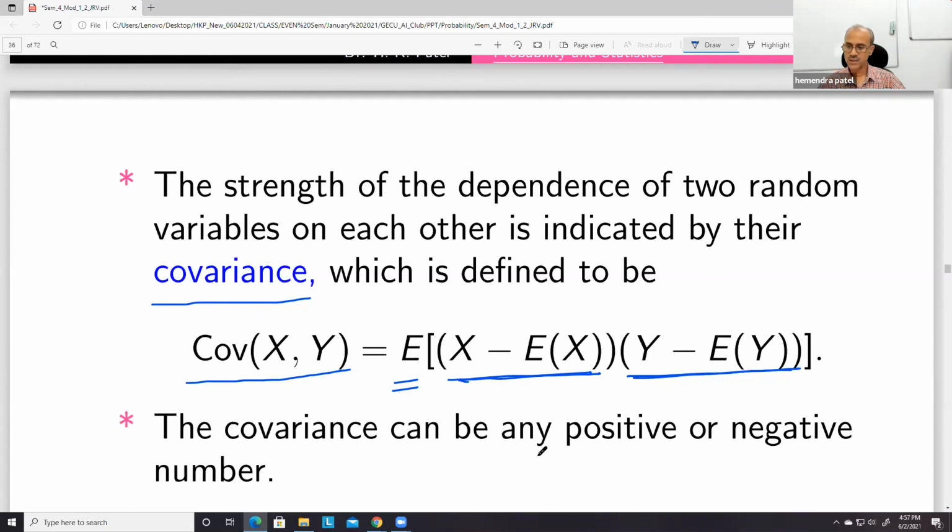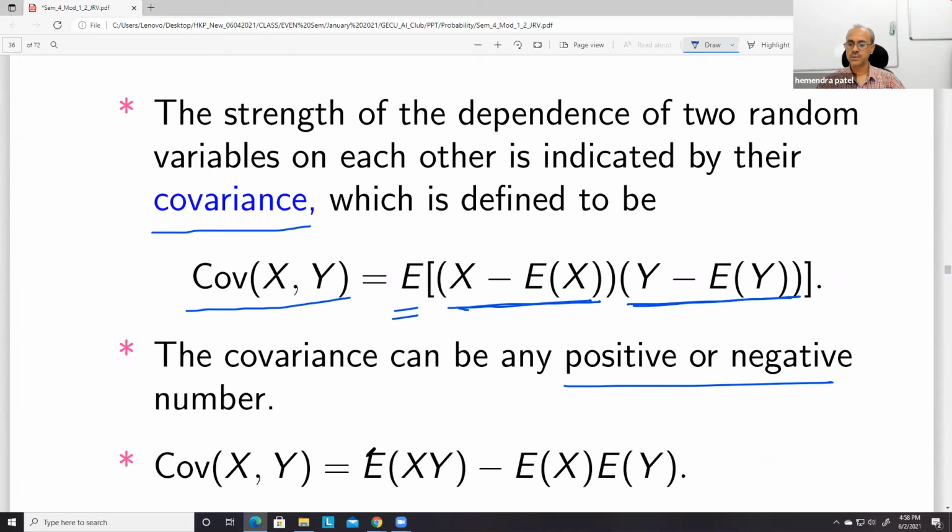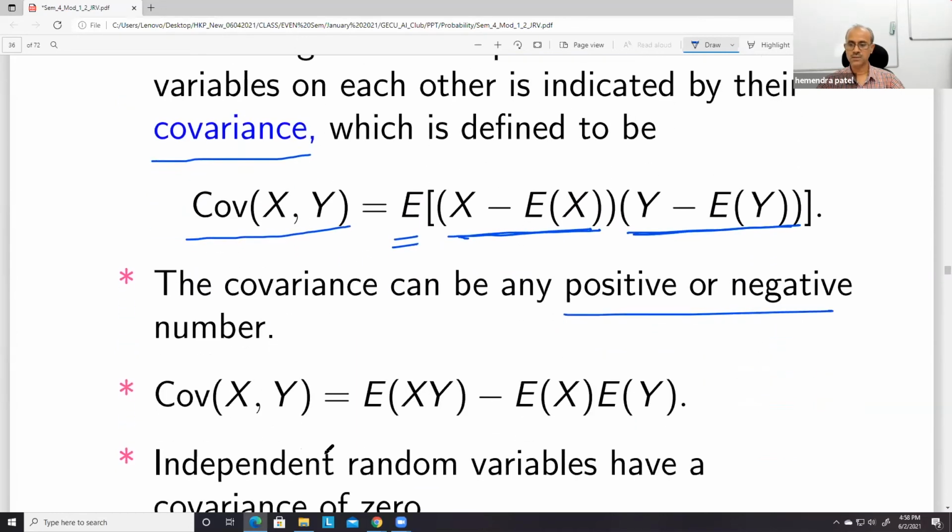This covariance can be any positive or negative number. It may be 0 also. And if you expand it, finally we get E(xy) minus Ex into Ey.